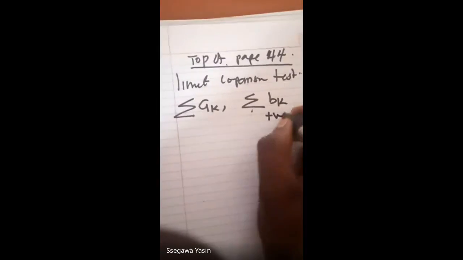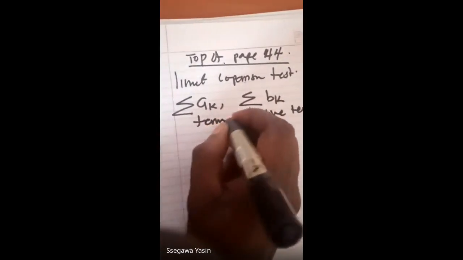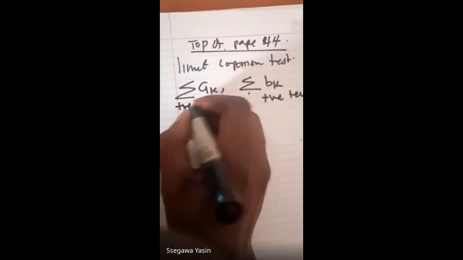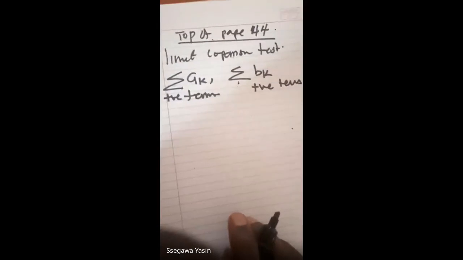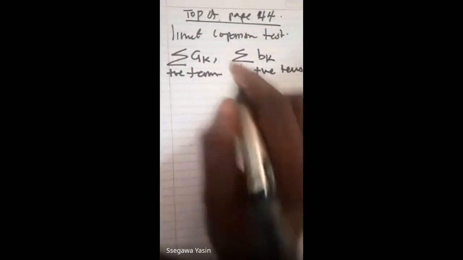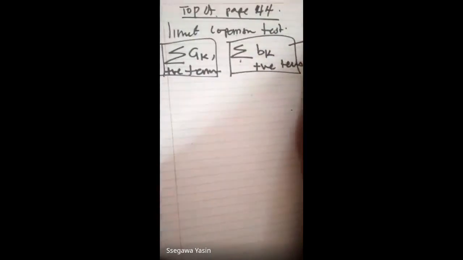Both of these have positive terms, all positive terms. If they have positive terms, everything should be positive. This is what the question will be. Then this is what we are going to pick, and it should converge in most cases.